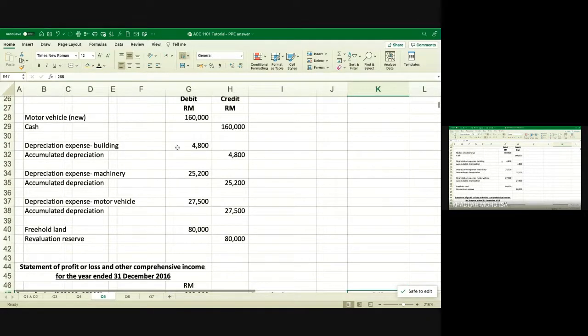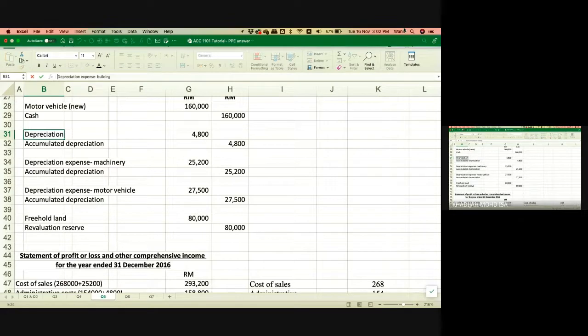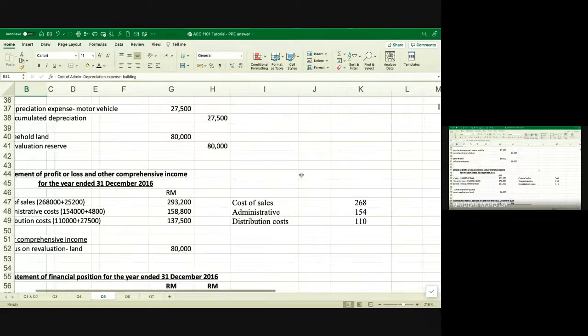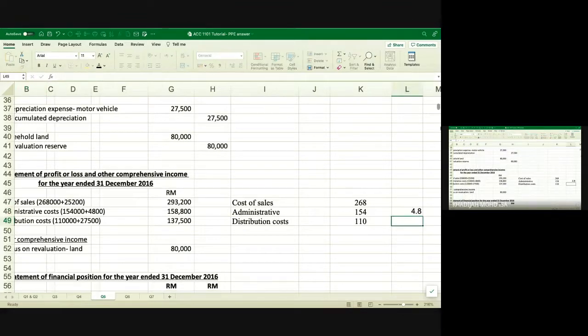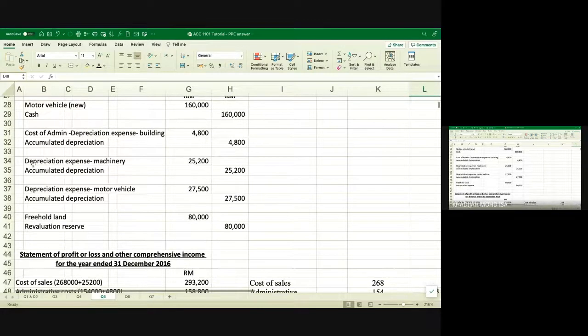So for the building, 4,008, depreciation on building, this one is part of the admin cost. You have depreciation for your building. So that's why you are going to add 4,008 under admin, 4.8. Are you following what I'm doing now?